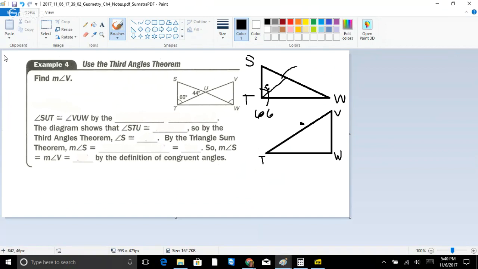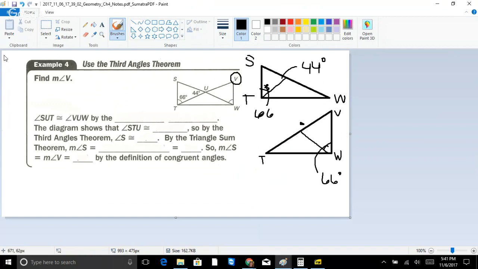And this little triangle right here is 44 degrees. Then we have a similar triangle over here, which is congruent to this one, so this little one W is also 66 degrees. We could use either figure, but pulling them apart might help a little. We're trying to figure out what is the measure of angle V?